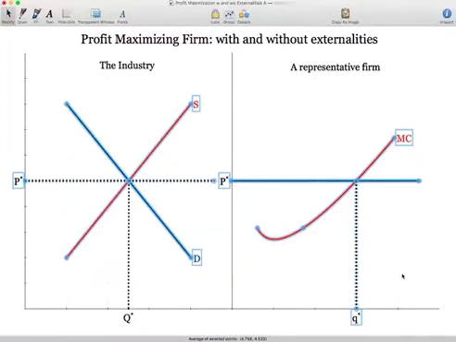Now, if I change this and assume that there are some externalities, let's use the example of a brewery. The brewery produces some waste, dumps it into a local stream or a local creek or lake and pollutes that lake. A firm is producing output, and as a waste product of that output process, they produce chemical waste that they dump into a local stream, river, or lake.